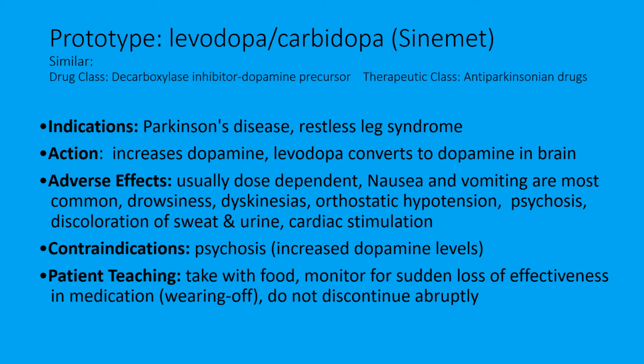Okay, so the tremor, the stoop posture, the shuffling gait, the bradykinesia can all be helped with levodopa carbidopa. Remember that it can wear off over time, and a second medication can be added.